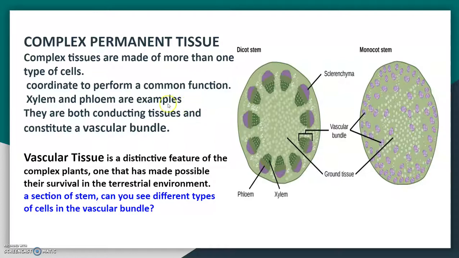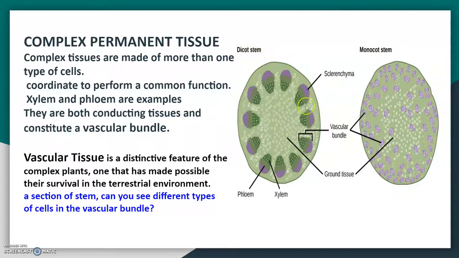Xylem and phloem you have studied a little bit about in 8th class also, that these are the tissues which help in transportation and translocation in the plants. They help in conduction of water as well as food. The parts in which the xylem and phloem are located are called vascular bundles. These are the various vascular bundles which are present in the monocot as well as in the dicot stem.